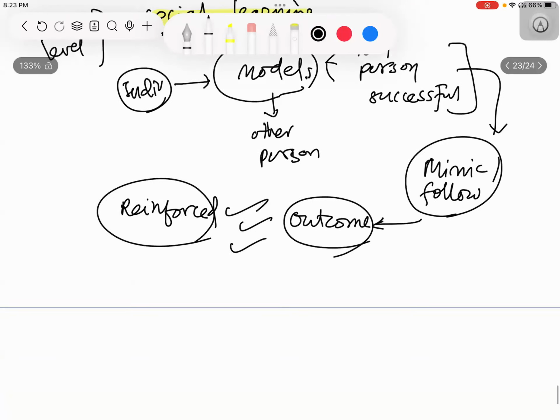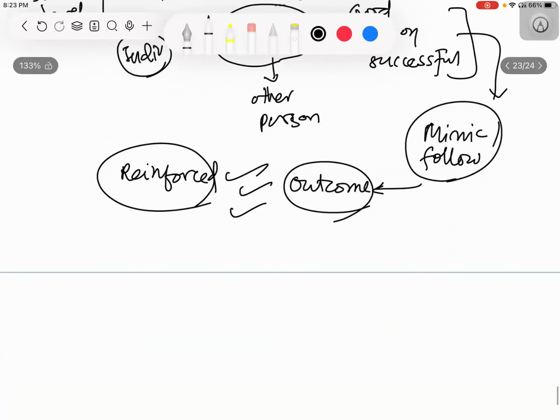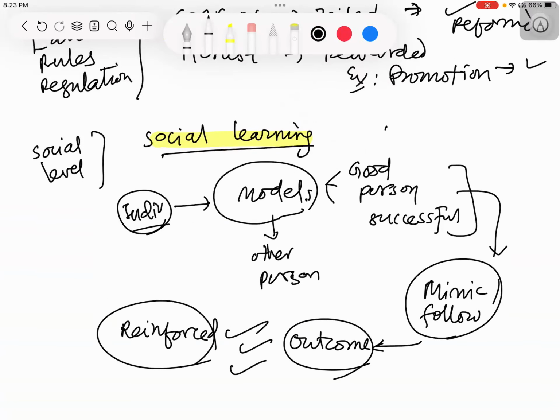So let's try to see what this theory means. Look at the psychologist's theory of social learning: there is an individual, suppose you are the individual, and we are seeing how value education or value learning happens. So whoever you consider to be your model, and this person is another person, this is not you. This person might be a good person or a successful person in your eyes.